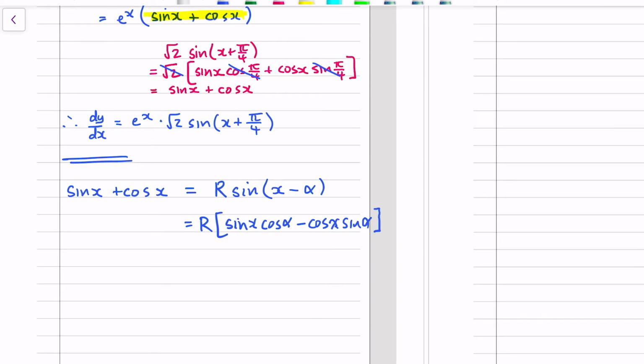And then I do the same thing as before. I go, okay, the left-hand side's got sine x, so r cos alpha must equal 1. And the right-hand side has also got a minus sine alpha with an r. Minus r sine alpha is going to equal 1 because the left-hand side's just cos x.